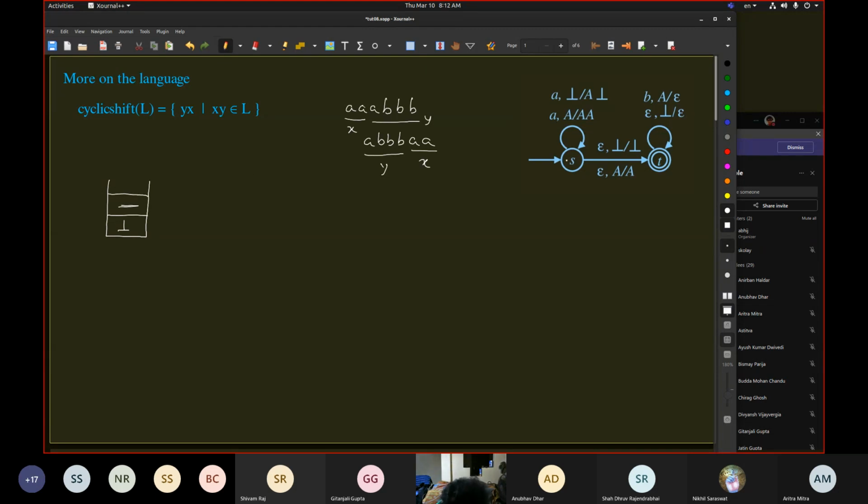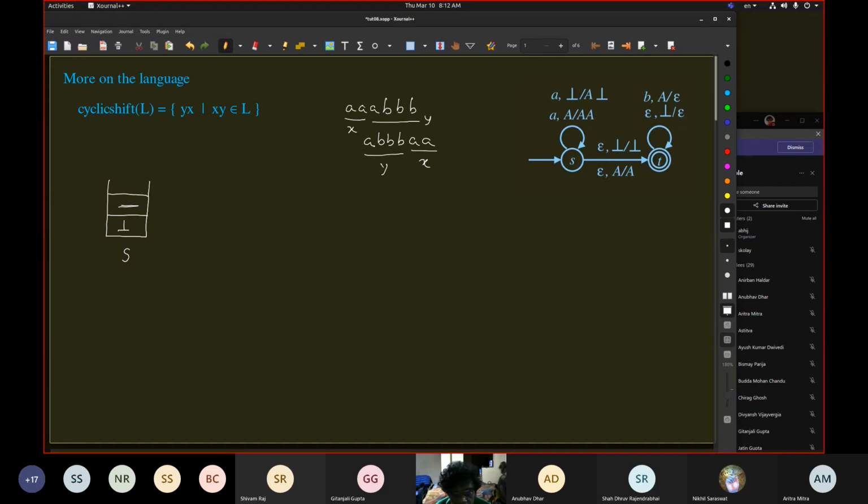So let us say it chooses the state S. That is the correct thing to do because A's are still remaining. So this S is remembered in the finite control, and this is the configuration of the stack after introducing the separator symbol.